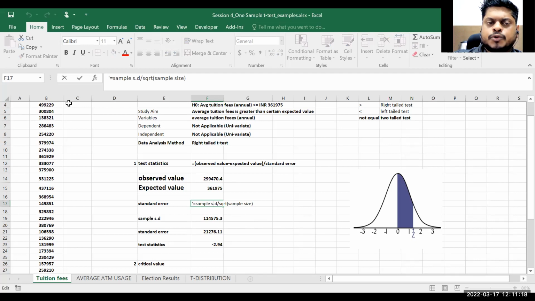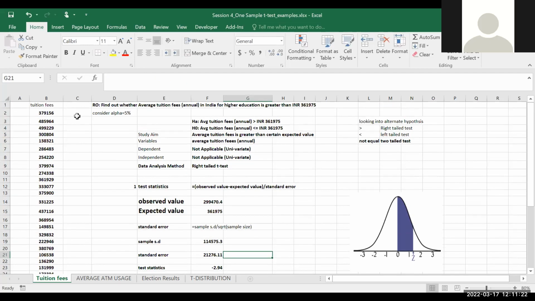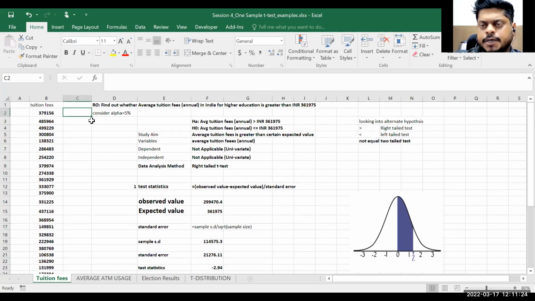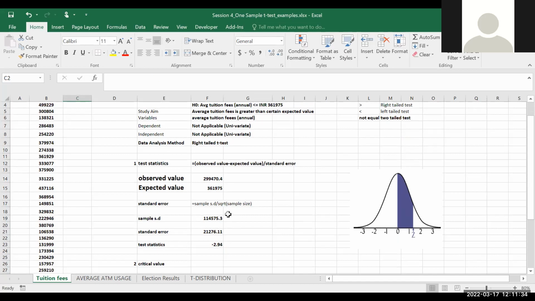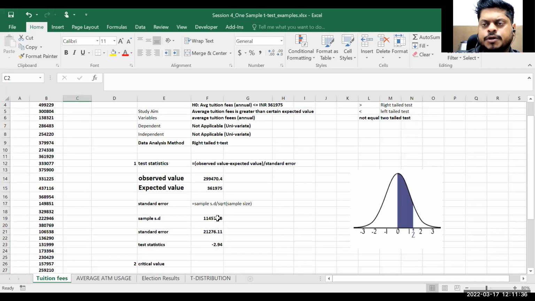Rather than doing it manually, I have already used the formula. If I do manual calculation, I find x bar, then x minus x bar, square of that, then sum it up, divided by n-1, that will give me the sample standard deviation. Yes, sir, that I got. But for standard error also, shouldn't we divide by 28? No. Who told you that? Standard error, it will be always sample size.